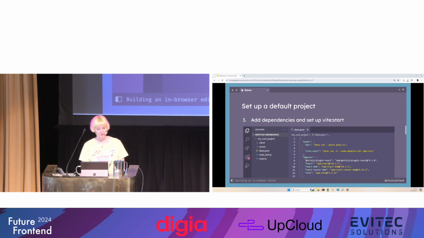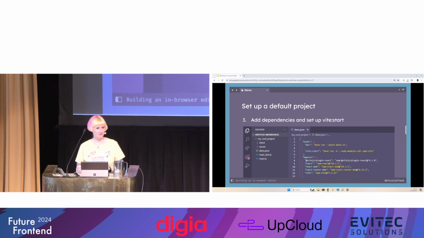So if you have a look here, you can see that the vite start task is doing deno run -A, which is just going to give us all the permissions that we need. And then we're adding an extra compatibility flag in here, which is our node-modules-dir, which is just going to make sure that the node_modules directory is present for any child dependencies that require it. When our next major release is launched, this will actually no longer be required. You won't have to do this anymore.